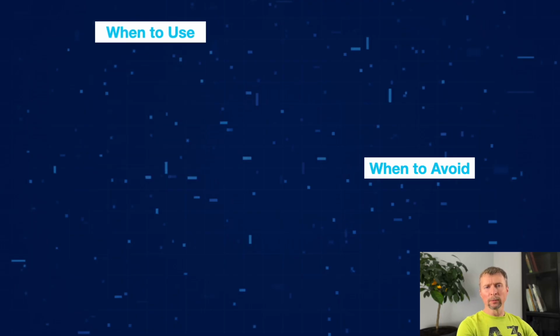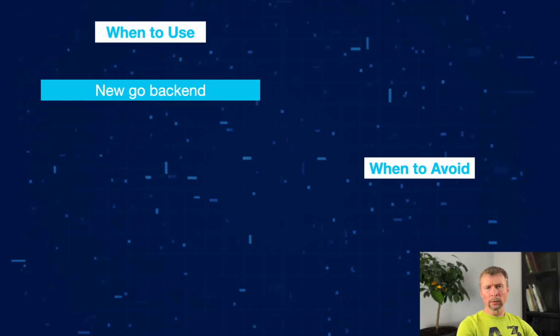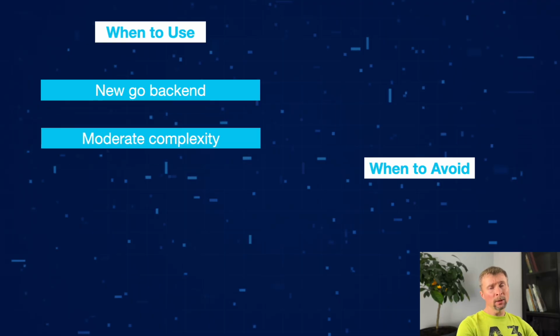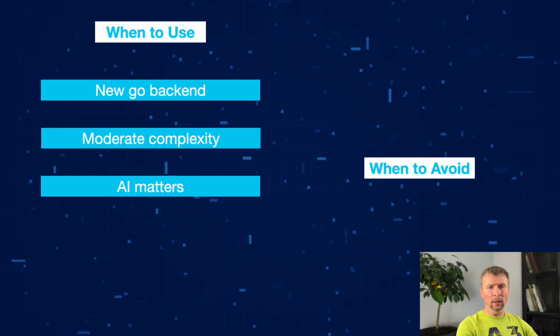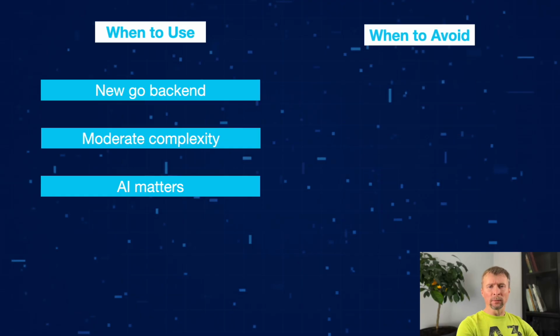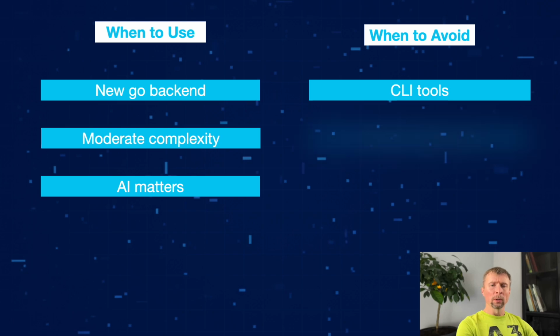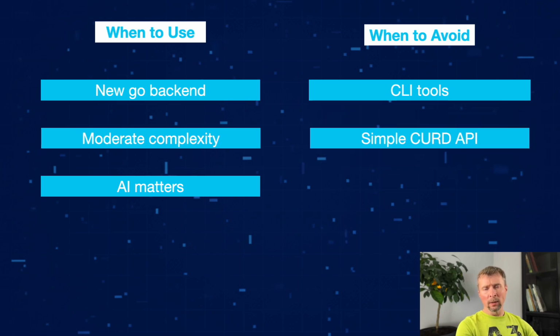When would I use it? New Go service, moderate size and complexity, and if AI matters. In this case, this template can be a really good starting point for you. I would avoid this if I am building a CLI tool or simple CRUD API that will hardly grow over time.